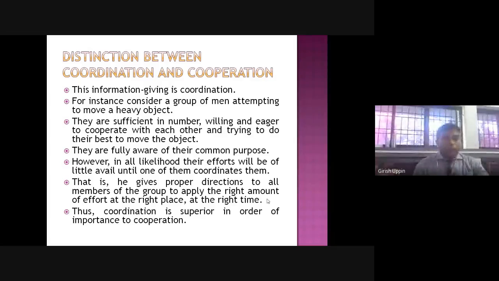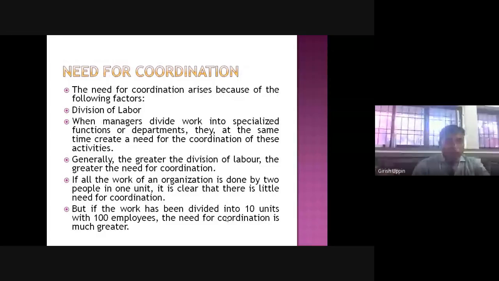So that is coordination. Unless there is coordination, work cannot be done. Thus, coordination is superior in order of importance to cooperation. So, compared to cooperation, coordination is very, very important.